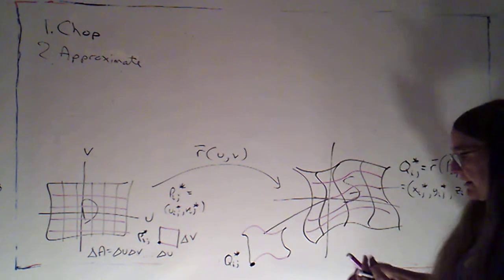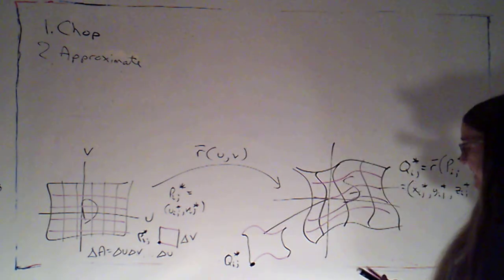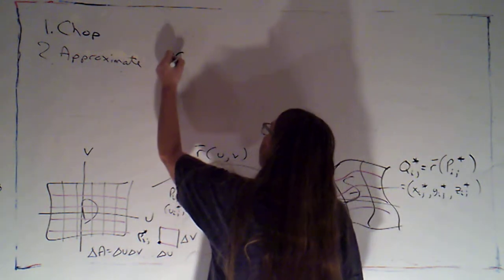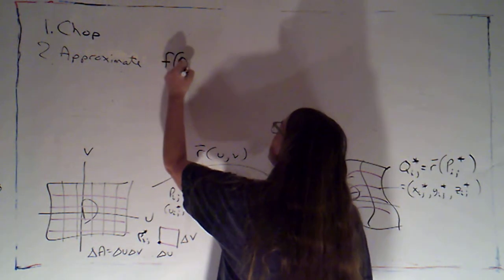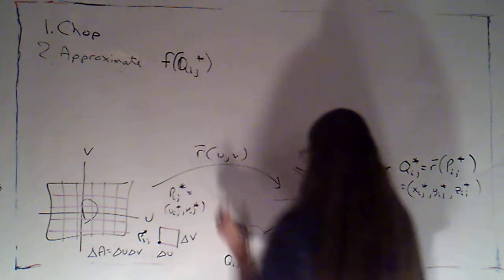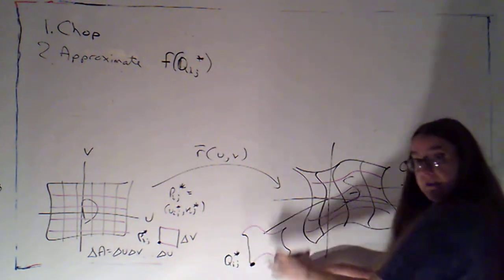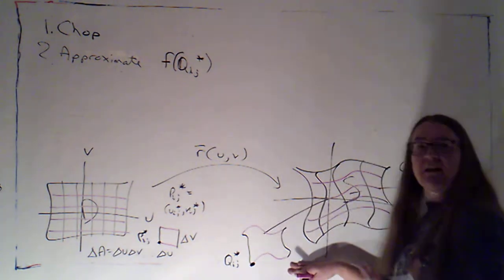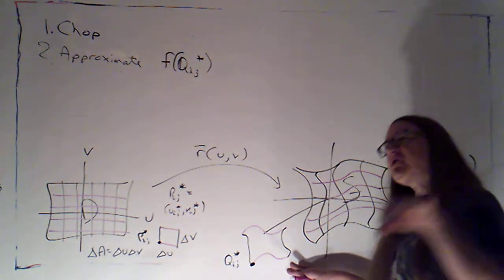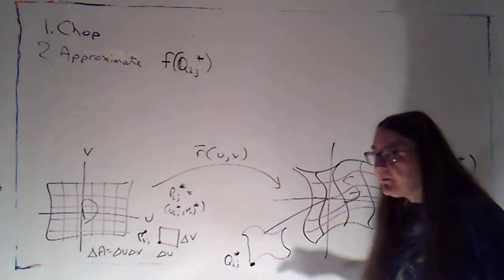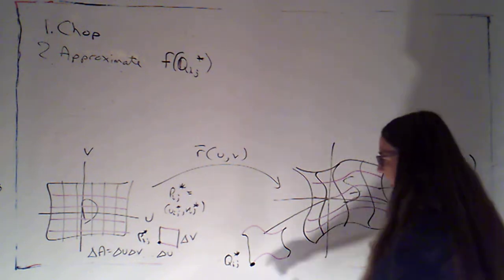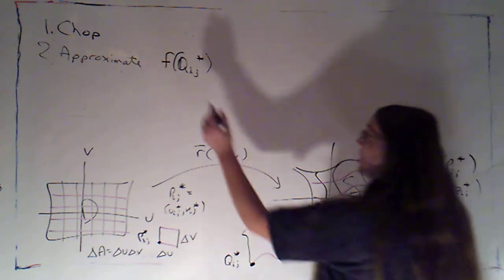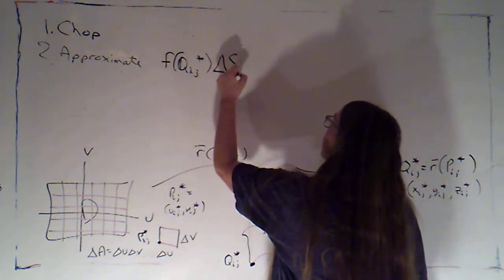So if I am approximating things, what we're doing is we're looking at f of Qij star, working over here. I would basically go into denial. The height that I'm attaching over this region may not be the same for all of the points, but a changing height makes my computations more complicated, so I go into denial and I pretend that the height is constant at whatever value it is here. And then I would multiply that by the area of the base.